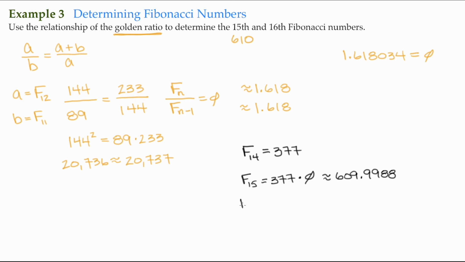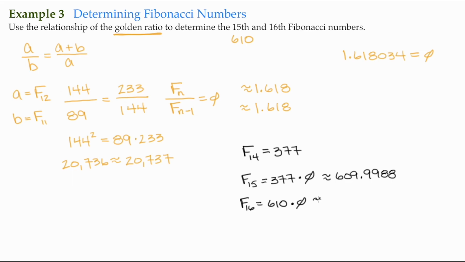We do the same for the 16th Fibonacci number. The 16th Fibonacci number will be the 15th Fibonacci number, which is 610. And rather than take 610 and add 377, we multiply it by phi.